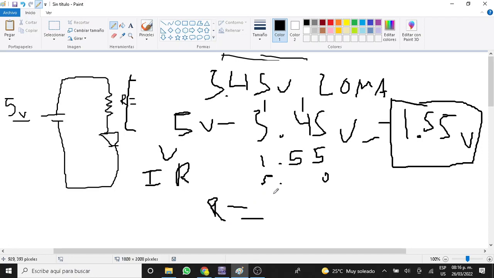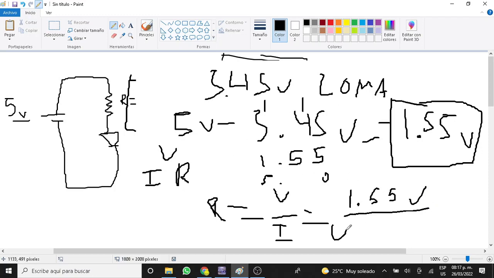Resistance equal to voltage divided by current. 1.55 volts divided by 0.020 amps.